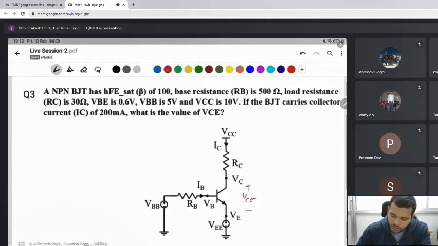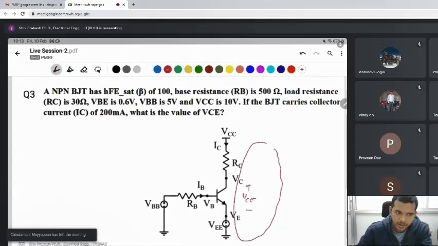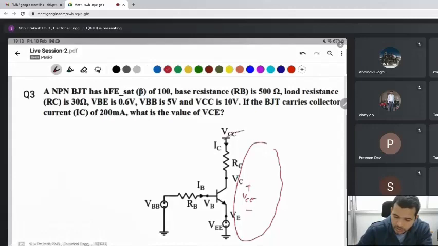If you want to find this voltage, you should apply KVL in this loop. This is VCC, one ground, and VCC is given like that, and this ground is connected here.